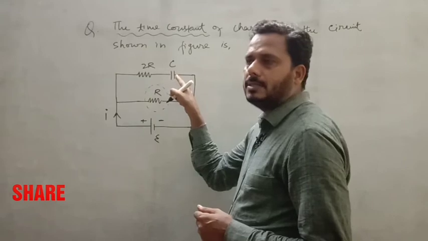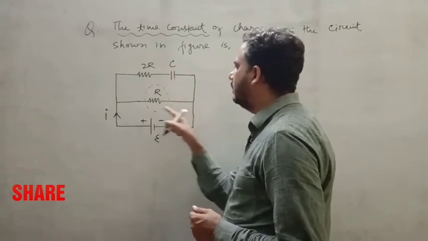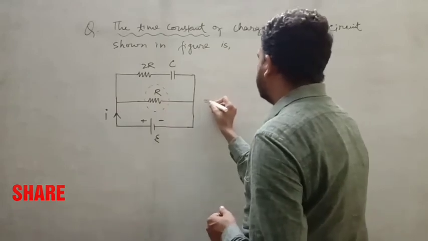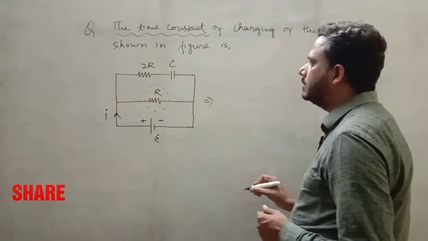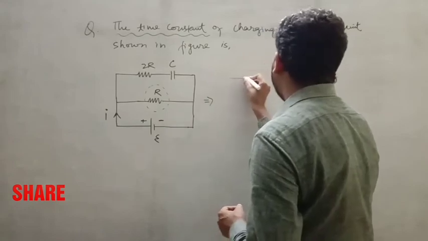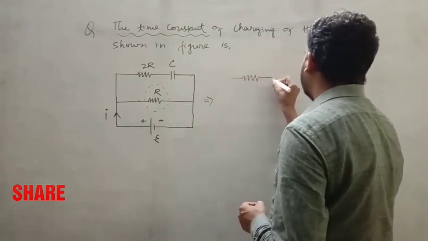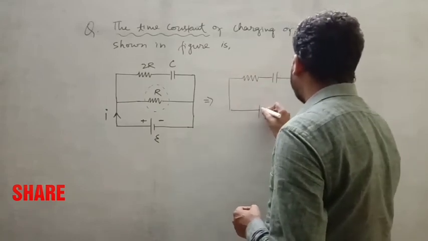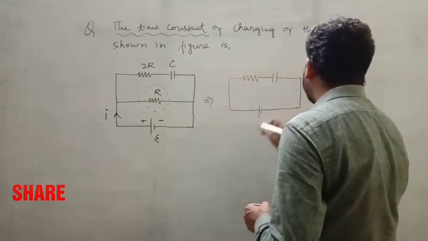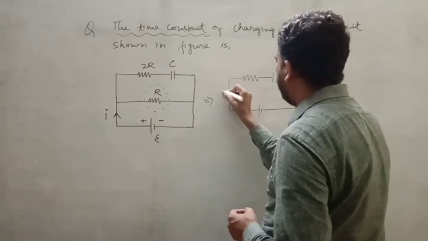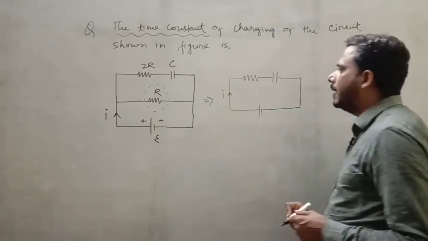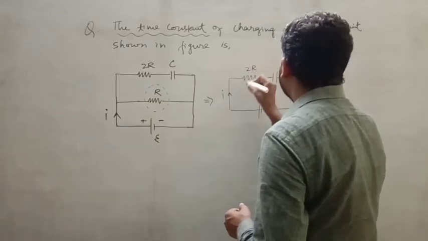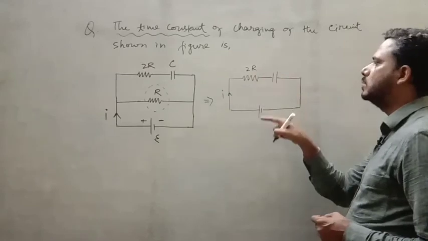Alright, that means you just leave this resistor. That means your equivalent circuit diagram would be just like this. Okay, then from here you will see that your circuit diagram is just like that. Okay, and the magnitude of this resistor is 2R and this one is C.